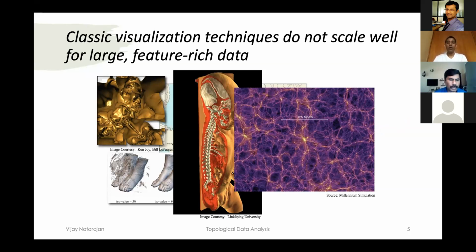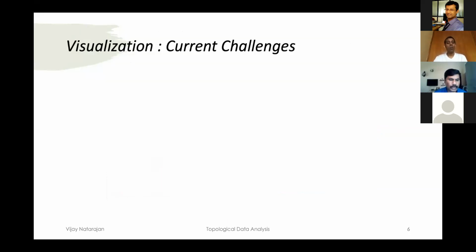So this essentially leads us to a discussion on the challenges in understanding data, in visualizing data. There are two challenges that I want to talk about today. There are, of course, many challenges. One is due to the increasing sizes of data. We are all aware of this.